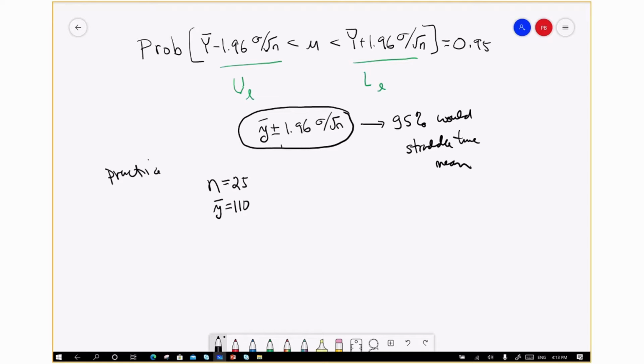Then we use this formula to calculate Y bar plus or minus 1.96 times sigma, which we know because we know the population standard deviation is 15, divided by the square root of 25. And what that gives us is an interval that goes from 104 to 116. So that is our 95% confidence interval.